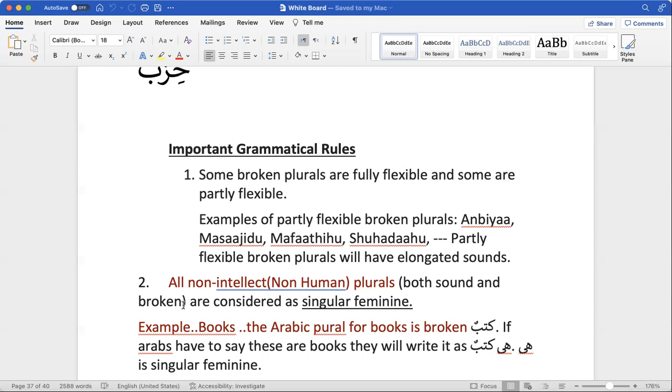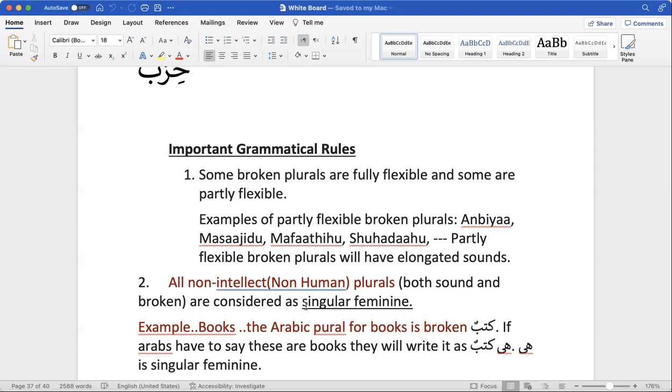Second, all non-intellect or non-human plurals, both sound and broken, are considered as singular feminine. So you have the non-human feminine plural, and then you have the non-human broken plural.